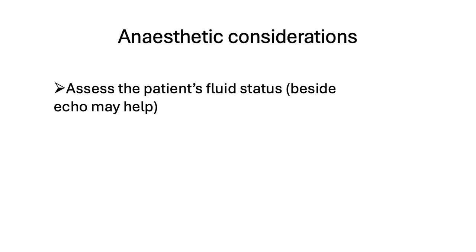So these elderly patients, as we mentioned, have poor baroreceptor reflexes, and they will not respond the same way as a young patient to hypotension. They will not cope well with hypotension, and one of the reasons is that they rely on their preload.